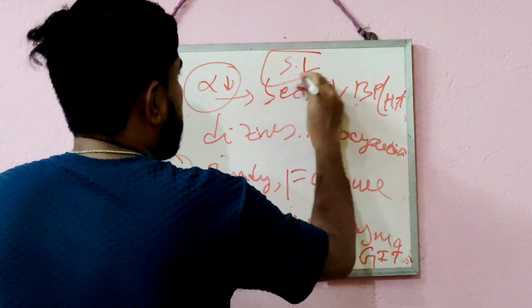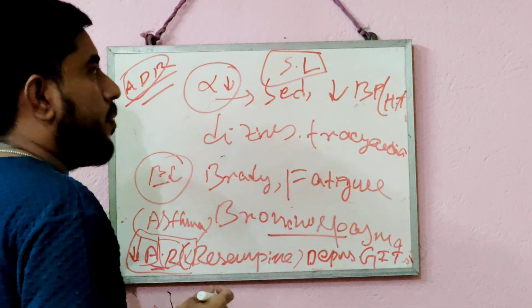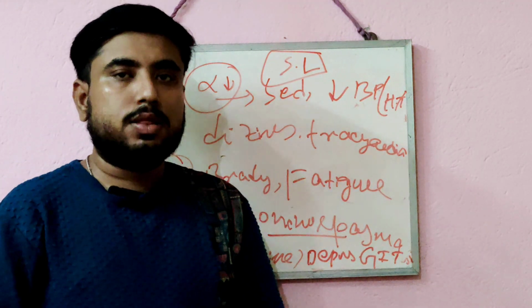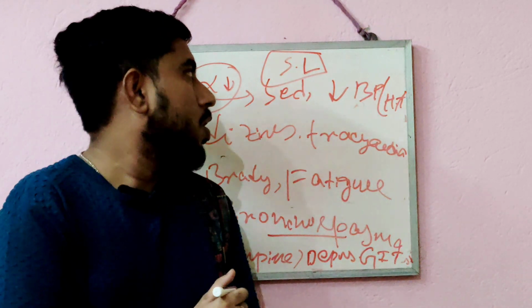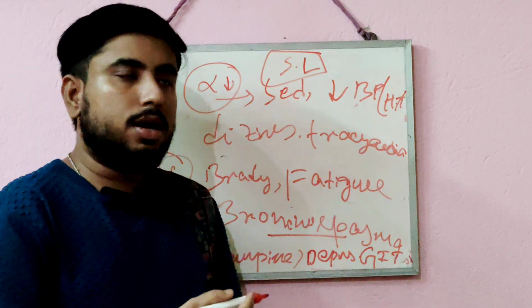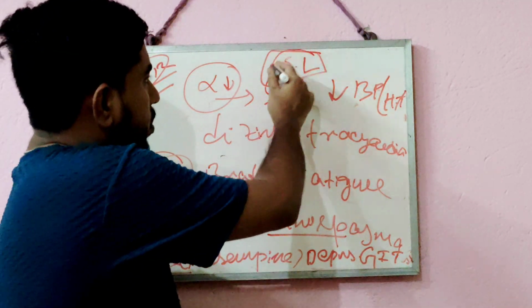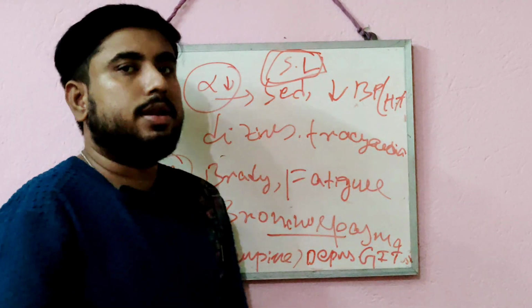Go and check it out. Before that I recommend you check the previous video about the introduction of adrenergic receptors or the autonomic nervous system, then go to the sympathomimetic drugs and then come to the topic of sympatholytics, so you can better understand the topic. Thank you.